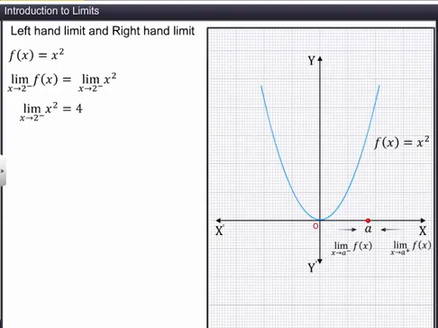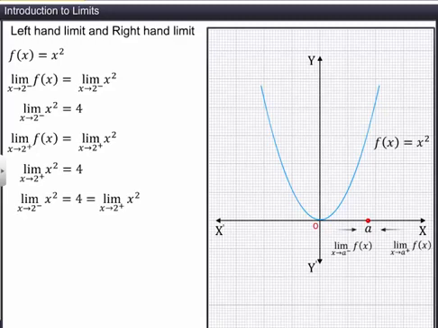Similarly, when we find the right-hand limit, we follow the same procedure. On the right of the point 2, the function is x squared. The value of the right-hand limit is 4. Thus, the left-hand limit is equal to the right-hand limit. Now we can say that the limit of the function exists and is equal to 4 at x equal to 2.